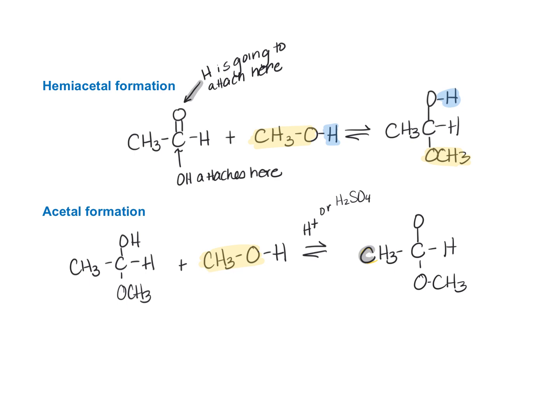The only thing that changes is now instead of having an alcohol group, you have a OCH3 here. And what we know is that OCH3 comes from the alcohol. This OH and this H come together and form water. And so that's formed as a byproduct of this reaction.